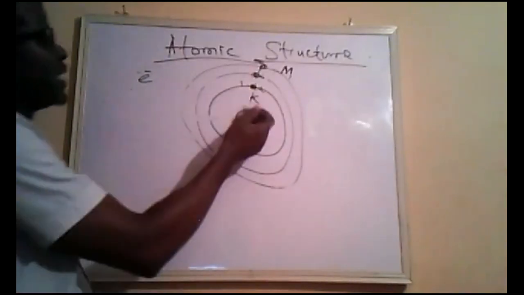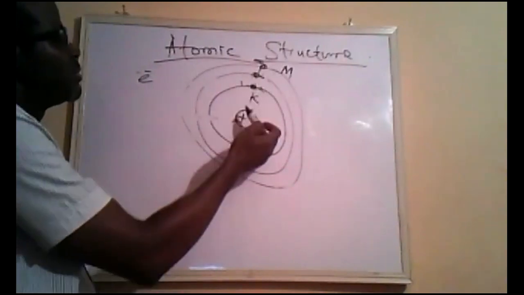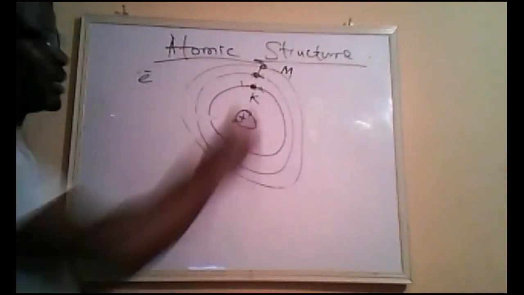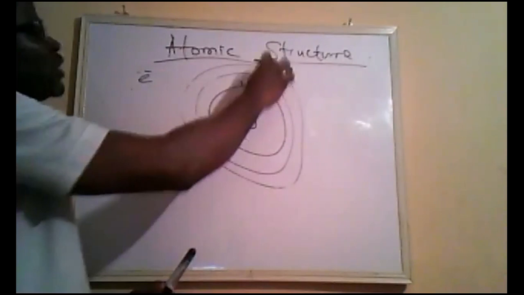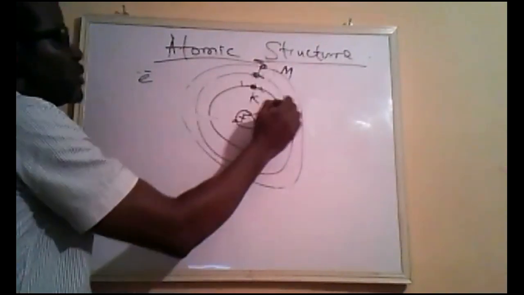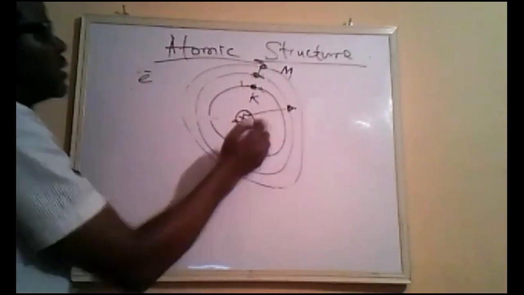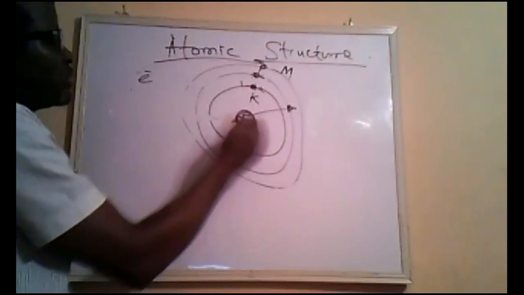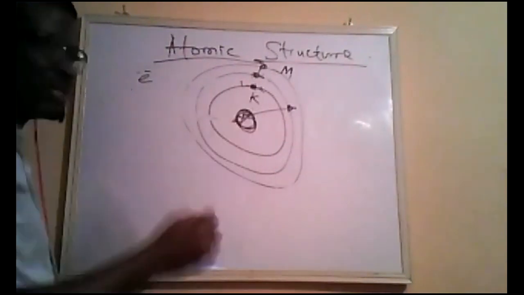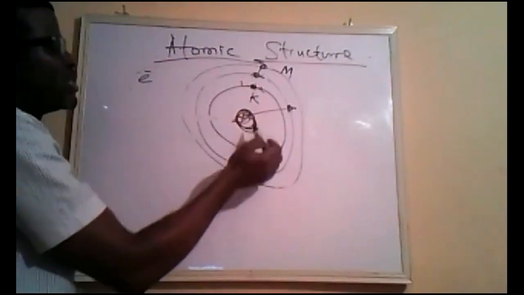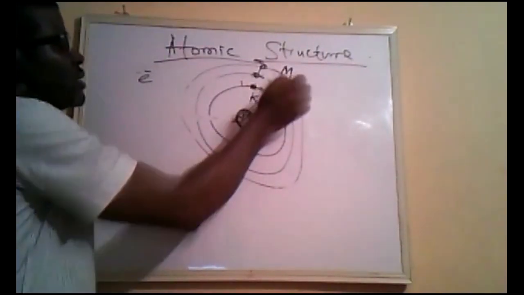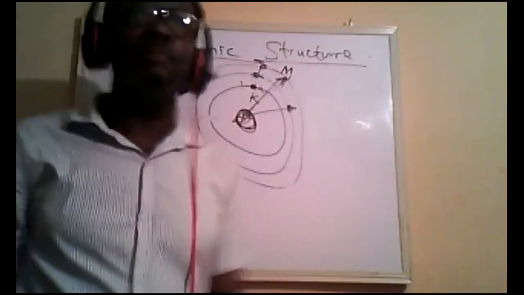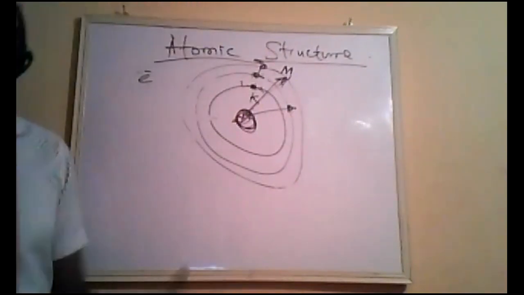The distance from here to here is so enormous that the dimension of the nucleus is nothing compared to it. So almost more than 90% of the atom is empty space.